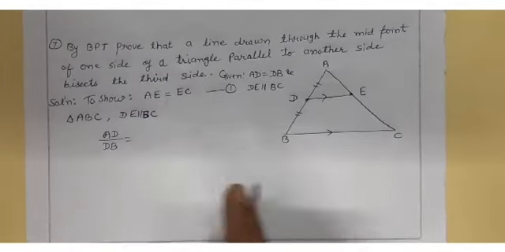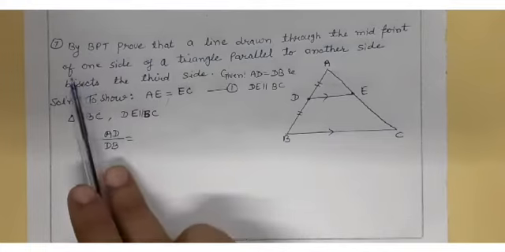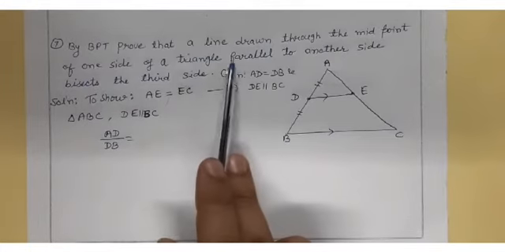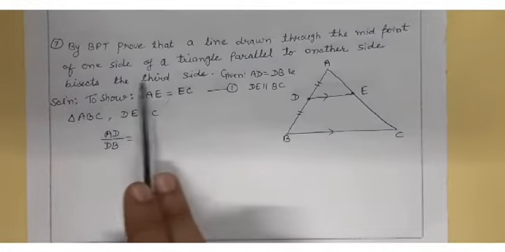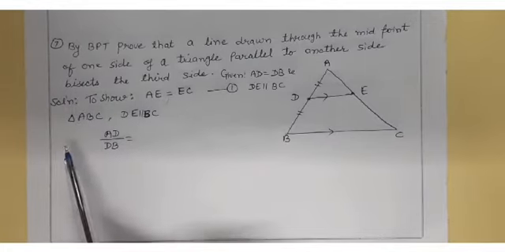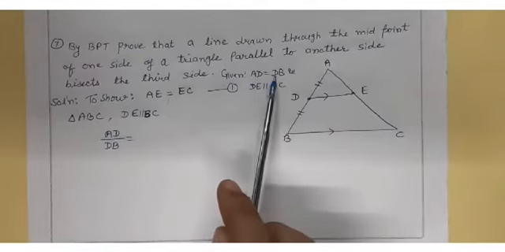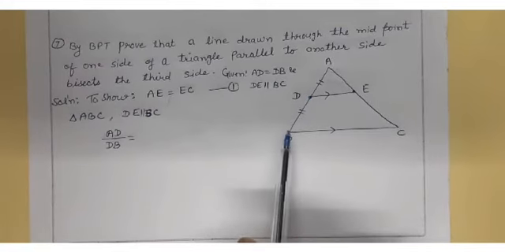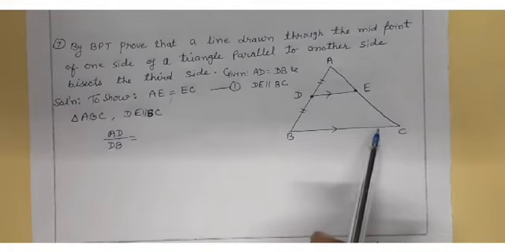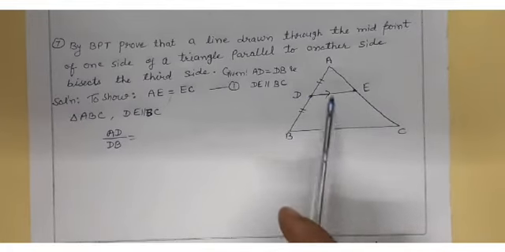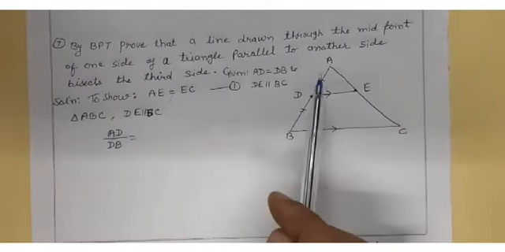Yes, by BPT, prove that a line drawn through the midpoint of one side of a triangle parallel to another side bisects the third side. What is given? AD upon DB, AD is equal to DB, and DE is parallel to BC. What you have to show is AE is equal to EC.